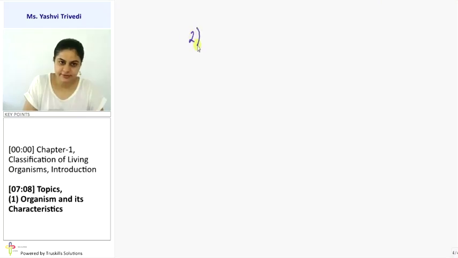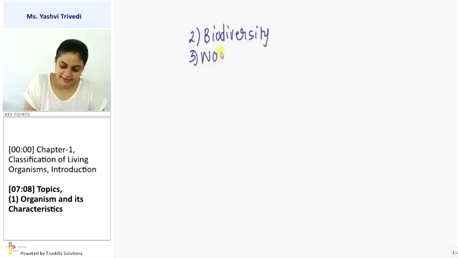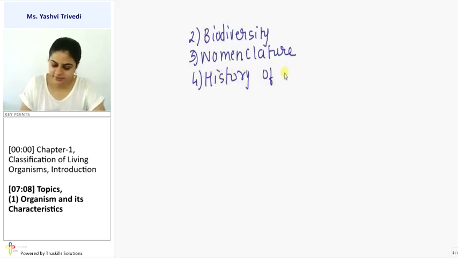The next topic we are going to cover is biodiversity. Next is nomenclature, that is the naming process. Then history of classification method.